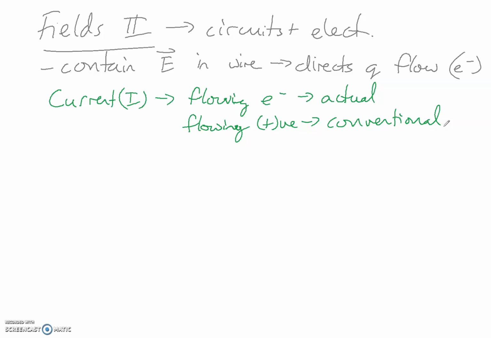But instead of flipping everything, they just talk about conventional current and actual current. If you ask most people which way electricity goes, they'll say it goes from positive to negative. But why would an electron want to leave a positive terminal and go to a negative terminal? It doesn't make any sense, because that's the conventional current idea. Regardless, it doesn't make much of a difference. Positives going one way, negatives going the other way. It's all the same thing.